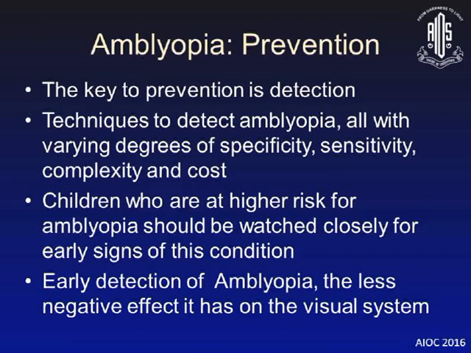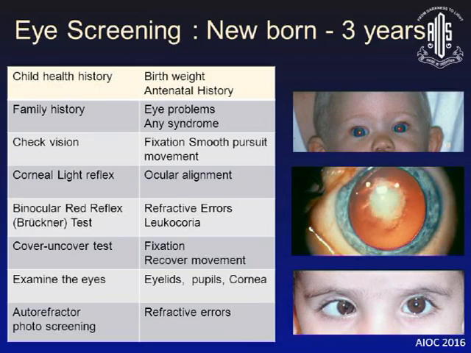With early detection, the quicker the detection of amblyopia, the less negative effect on the visual system. Now, eye screening from newborn up to the age of 3 years is done by pediatricians. It is very, very important, and later by the primary care physician, as I said, during vaccination.